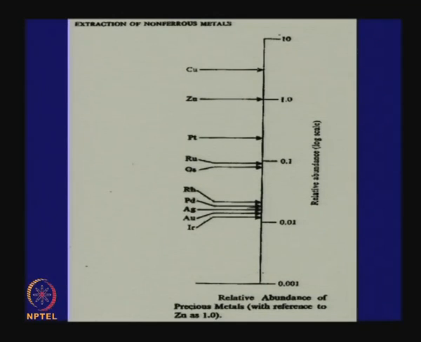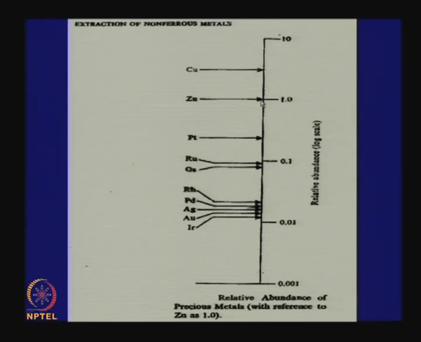Now, let us look at the relative abundance of these precious metals. You will find that their price that are set does not correspond with their availability. Now, the availability is shown in a log scale. If copper is available in earth's crust, zinc is quite below that.